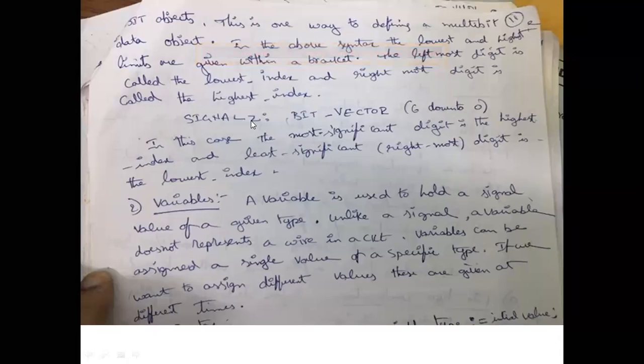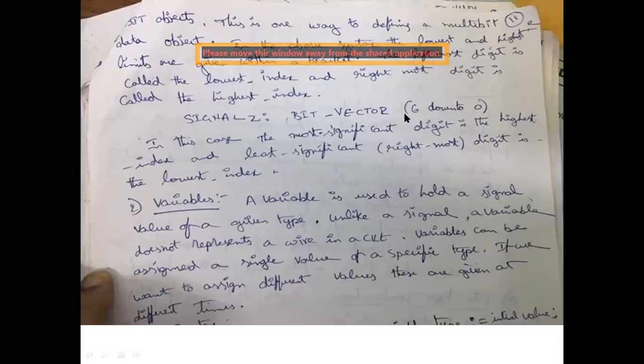Signal Z colon bit vector. If it is an array of bits, the length it occupies is always mentioned in parentheses.